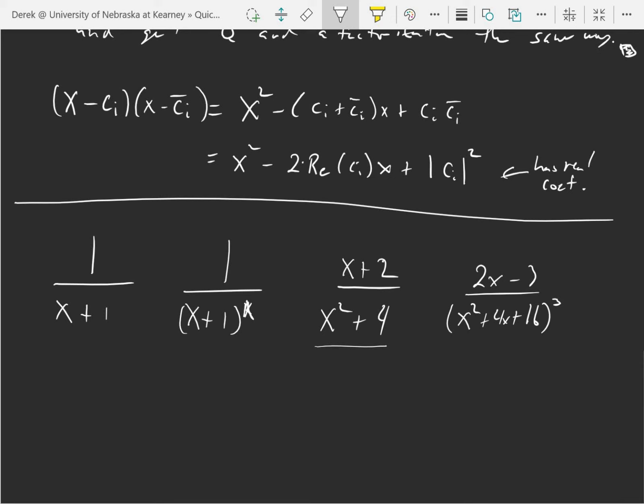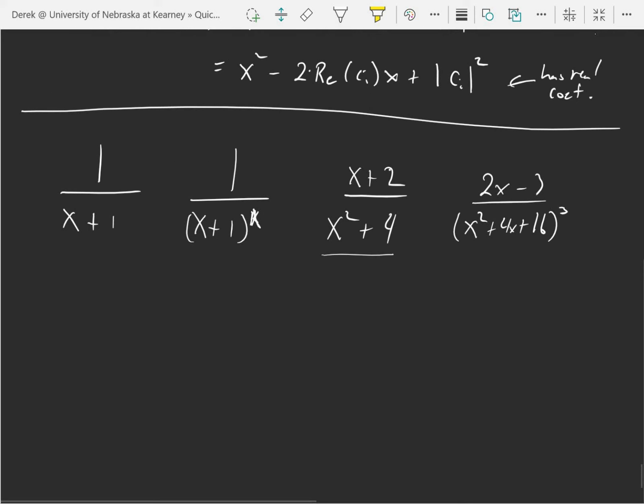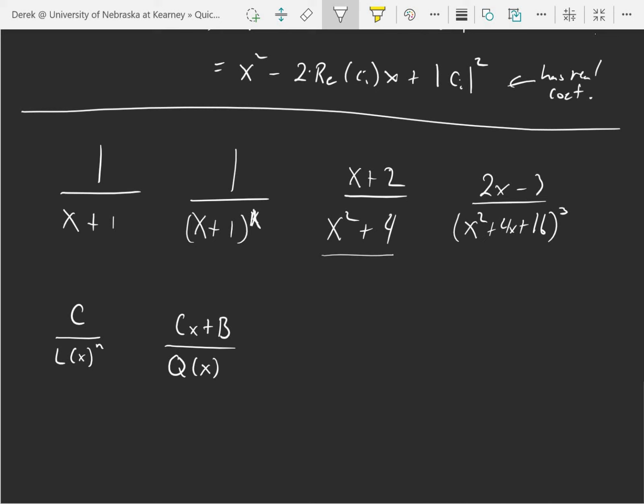So that's why these partial fractions are useful, and the theorem above says we can always get partial fractions of these forms: 1 over some linear factor of x to some power, or a constant over some linear factor, or a linear factor over some quadratic polynomial raised to some power. These forms we can actually integrate. Okay, we'll do partial fraction decomposition in the next video.